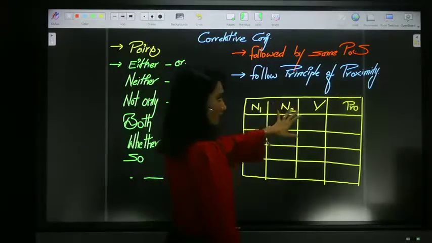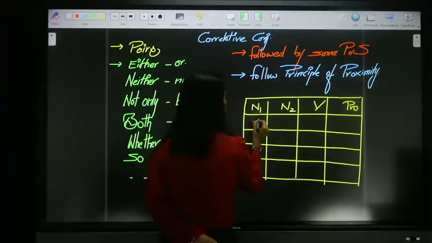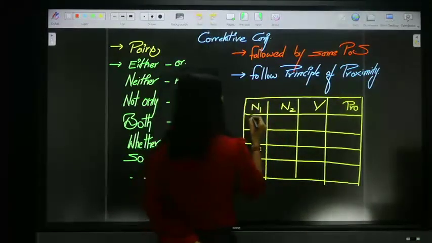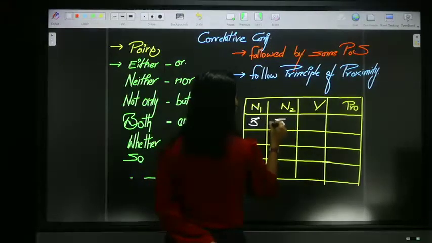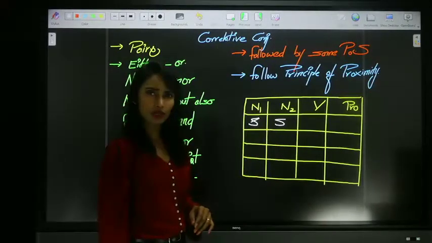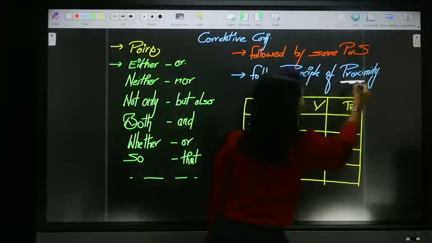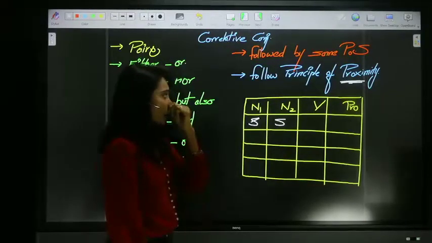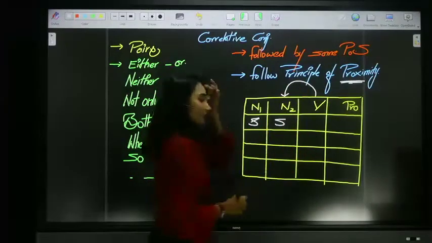If two nouns, noun 1 and noun 2, are connected by correlative conjunctions, I'm taking different cases. In case 1, first noun is singular and second noun is also singular. In such cases, should the verb be singular or plural? According to principle of proximity, the verb agrees with its nearest noun.